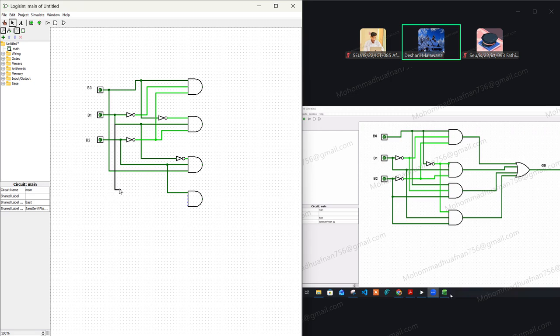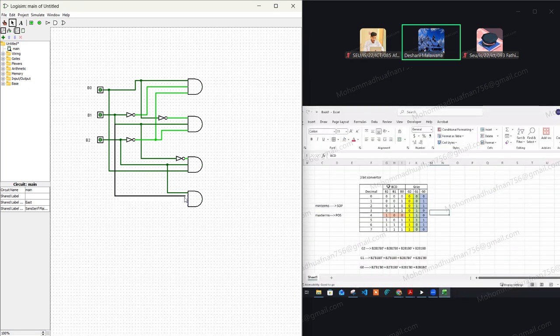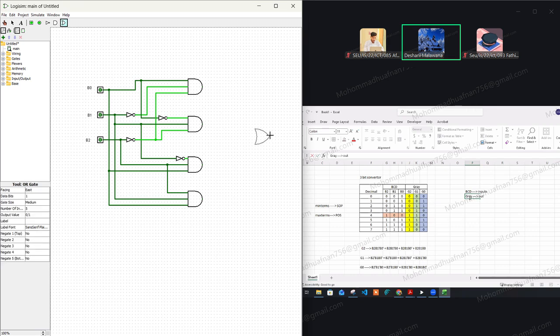So input is, see, we are considering BCD as our source system, Gray as our destination system. So it means BCD we are considering as inputs of our converter. Gray is considered as outputs of our converter.